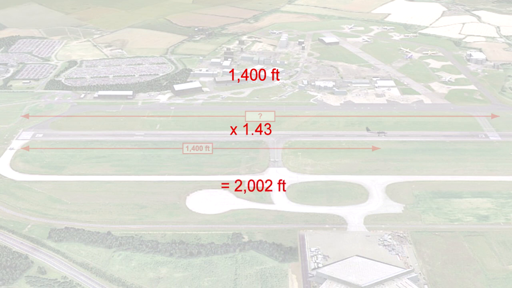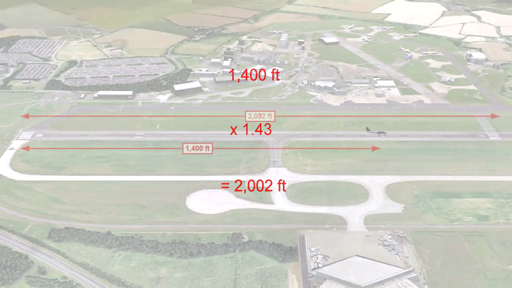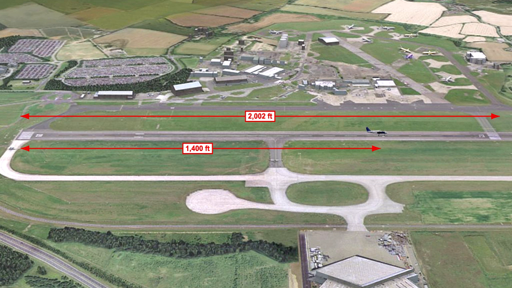This gives us an answer of 2,002 feet. Therefore, the landing distance available must be at least 2,002 feet long. If the destination aerodrome has a runway with a landing distance available in excess of 2,002 feet, the aeroplane will be able to land within 70% of the landing distance available, and therefore satisfy the regulation requirement.